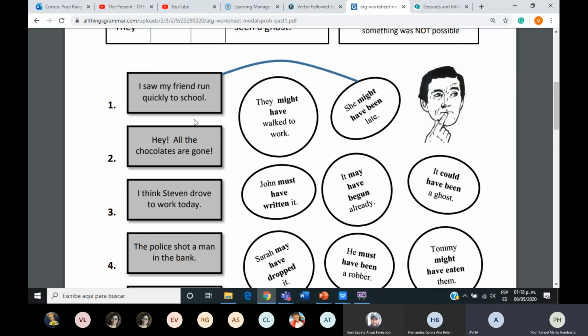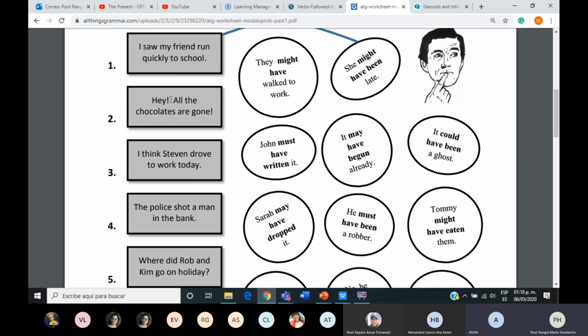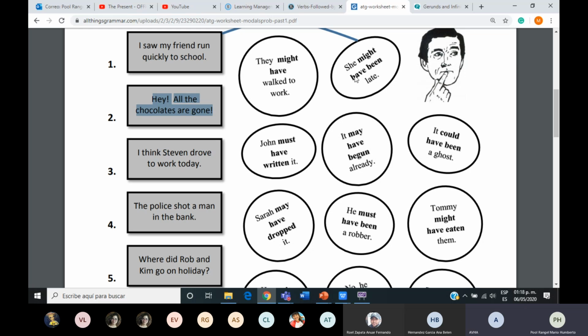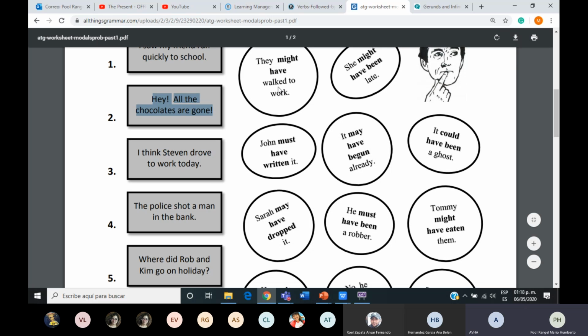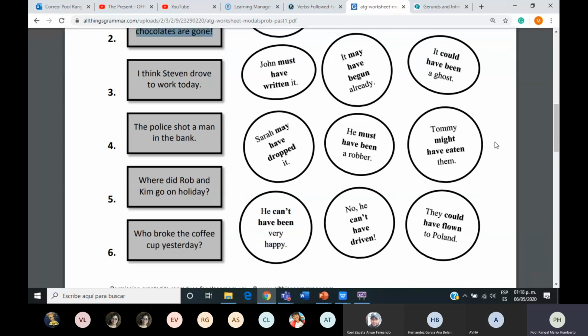Vamos a ver. Number 2 says, hey, all the chocolates are gone. What do you think happened? Tenemos, they might have walked to work. John must have written it. It may have begun already. It could have been a ghost. Tommy might have eaten them.